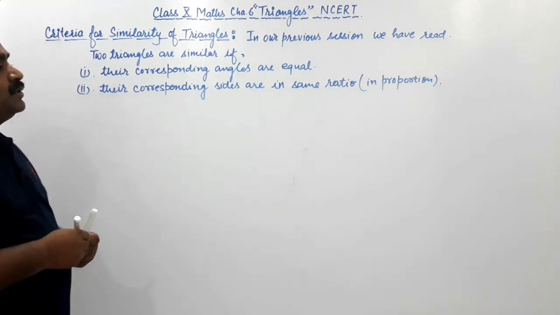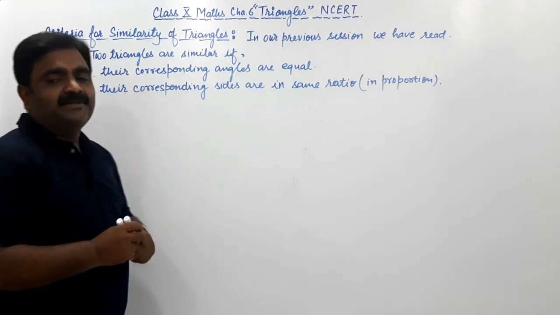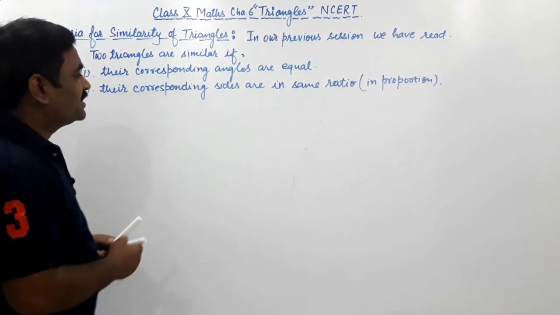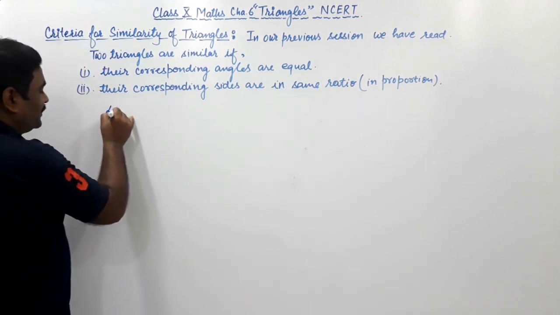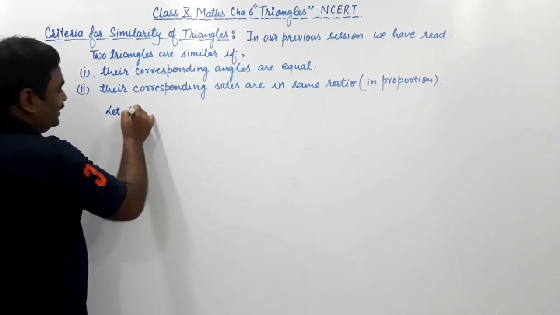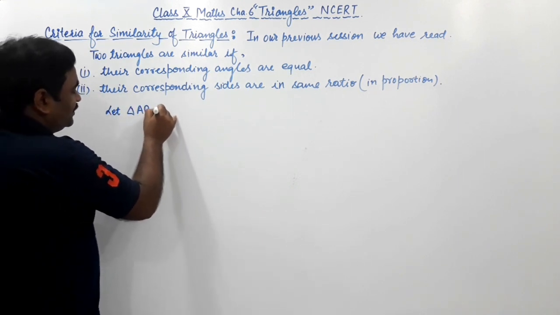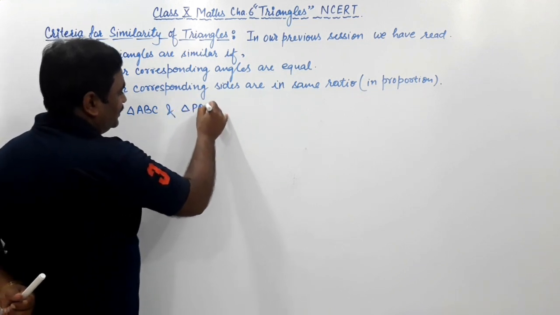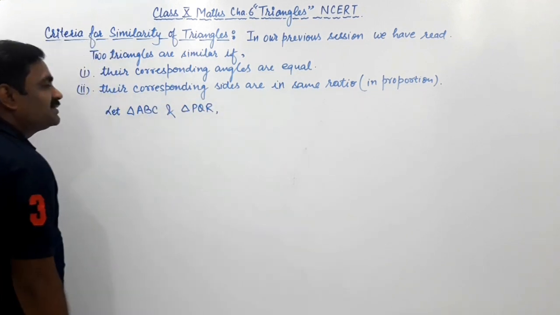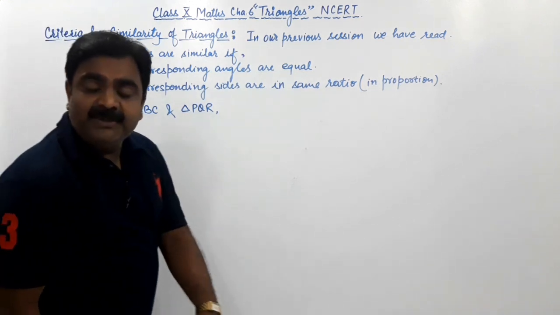Okay. So to understand this condition, let us suppose that we have two triangles, triangle ABC and triangle PQR. They are said to be similar.